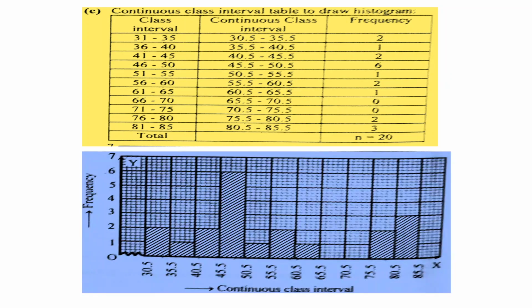And here is the histogram. Use graph paper and make a frequency distribution table, then draw the histogram in this way. On the x-axis write the continuous class interval, and on the y-axis write the frequency.